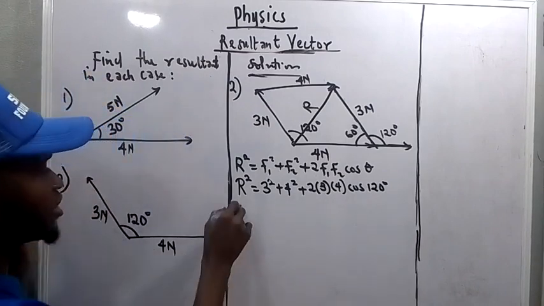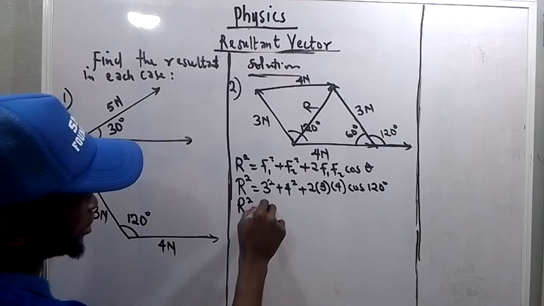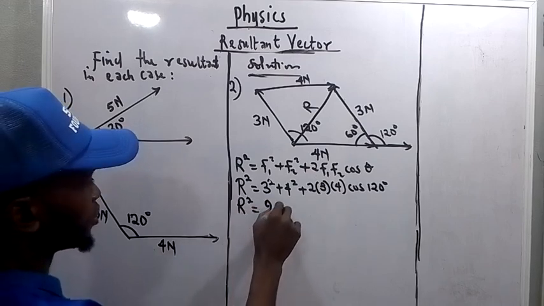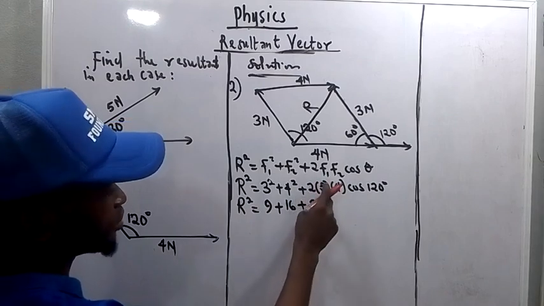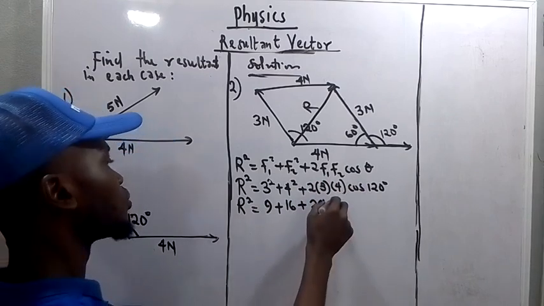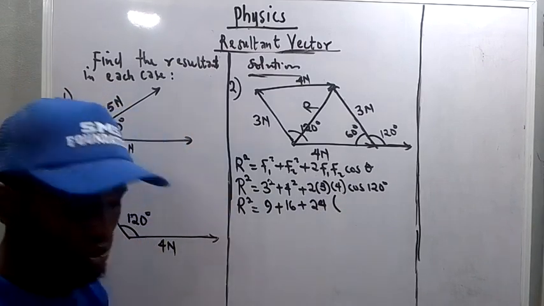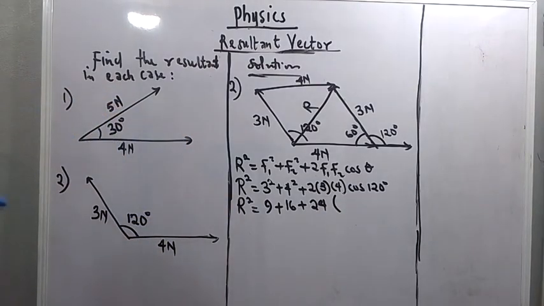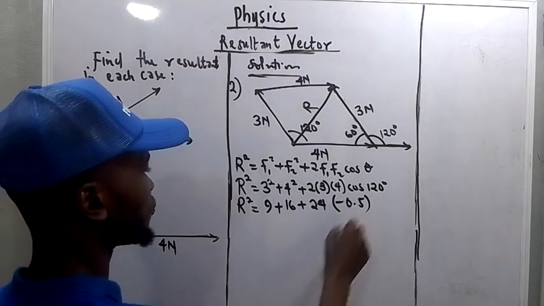Now let's simplify this further. R squared will give me 9 plus 16 plus 24, so 2 times 3 times 4 is 24, times cos 120. Cos 120 is negative; it is the same thing as minus cos 60. Cos 60 is 0.5, so that's minus 0.5.